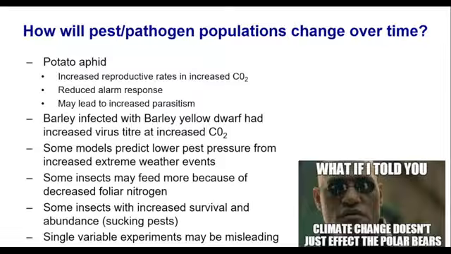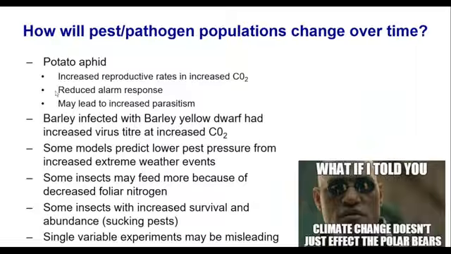But let's look at some more specific examples where people have put insects in a cabinet or in open air with increased carbon dioxide or other aspects simulating the conditions that are predicted under climate change scenarios. So for potato aphids, they measured increased reproductive rates in increased CO2.